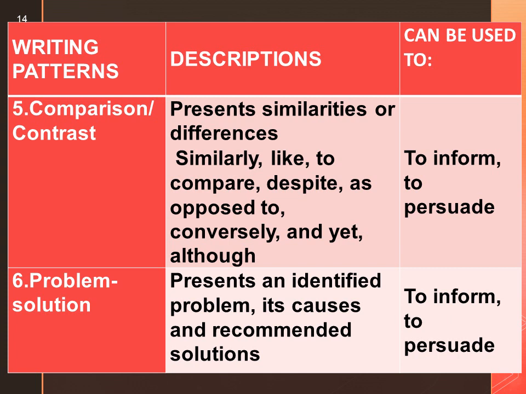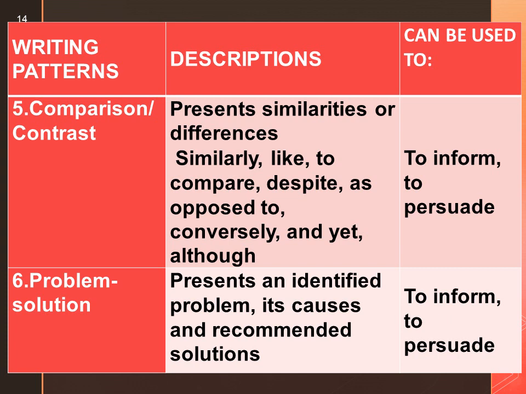In 5 and 6, we have comparison and contrast, and the last one is problem solution. In comparison and contrast, we are actually presenting the similarities or differences of ideas, or things, or places, or whatever the topic may be. So in comparison, we are looking into similarities. In contrast, we are looking into differences, or sometimes we combine them in just one speech.